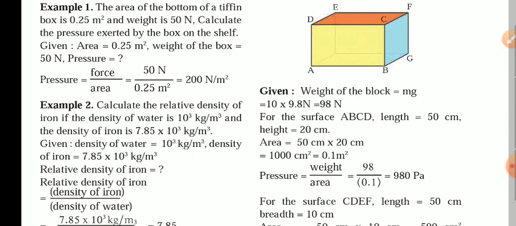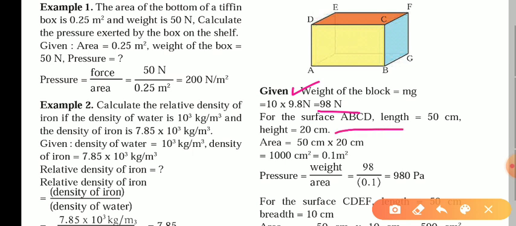Now here, first of all, weight of the block they have given in mass, so we have to calculate weight of the block, mg, 10 into 9.8 Newton. 9.8, that is the gravitational acceleration. So we are getting 98 Newton. For the surface ABCD, length is 50 and the height is 20.